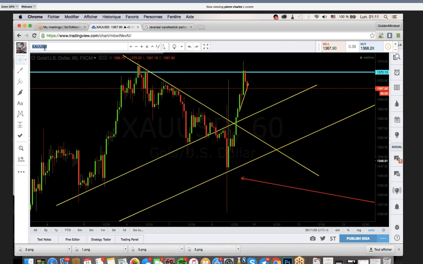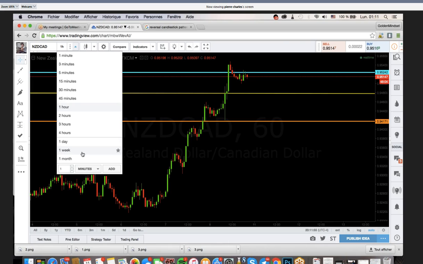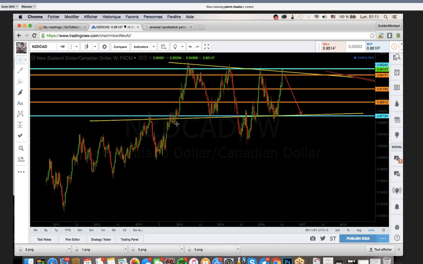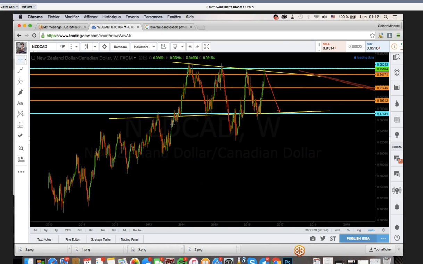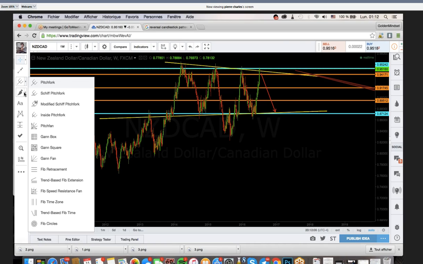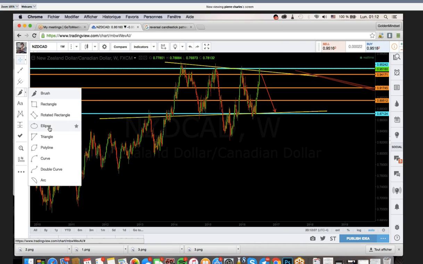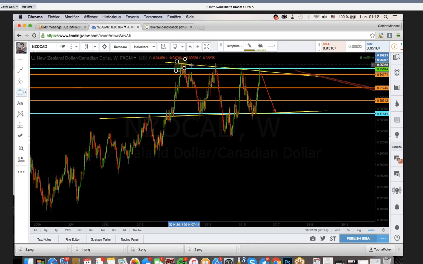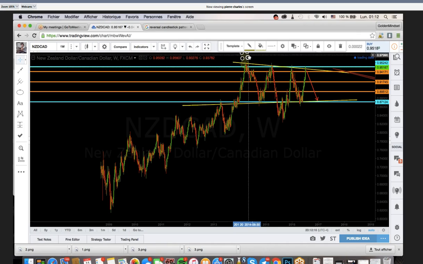Oh yeah, look. For NZD CAD, I'm looking, for example, on the weekly chart. If we look at this, we have a beautiful, beautiful channel. Look, I will mark it. Trend lines, one touch. Two touch.